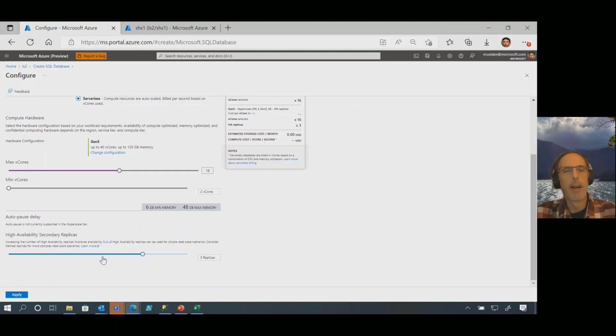And there's a similar experience to this for configuring serverless for named replicas. Now, once I'm satisfied with my choices here, I can click apply, and just within a matter of several seconds or a few minutes, the database is ready to run.